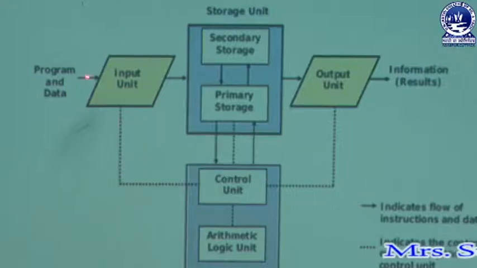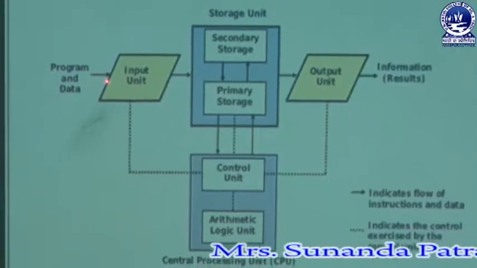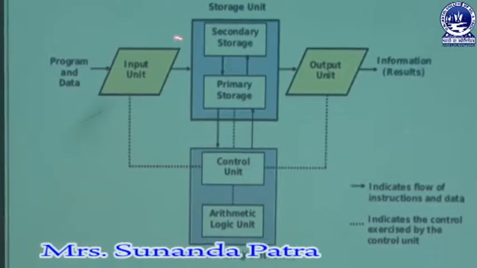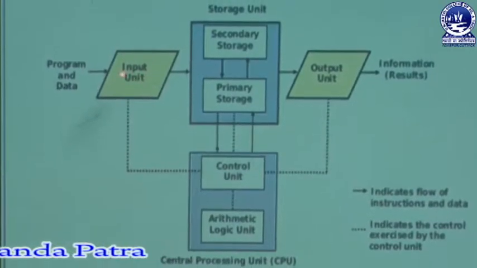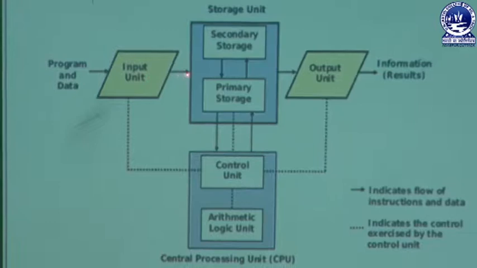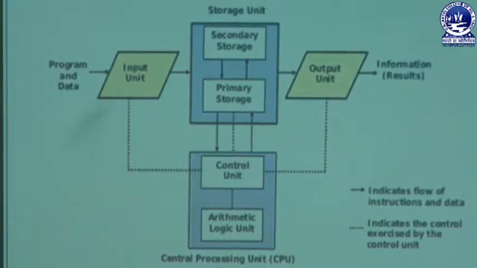From the outside world the data goes to the input unit, from the input unit to the storage unit, and from the storage unit to the central processing unit, and there in the arithmetic logic unit the data gets processed.